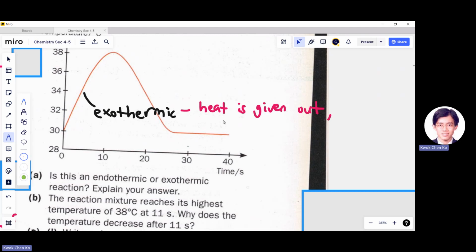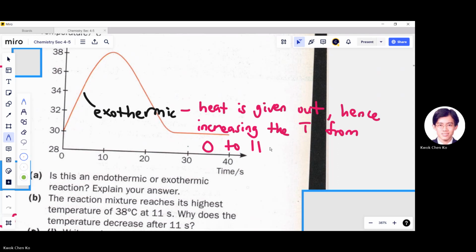Remember, this is the definition for exothermic process, hence increasing the temperature from 0 to 11 seconds. Let's follow the question. Look at the marks, but normally you have to write something like this: heat is given out or heat is absorbed.